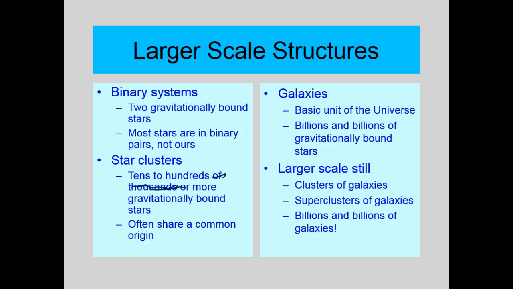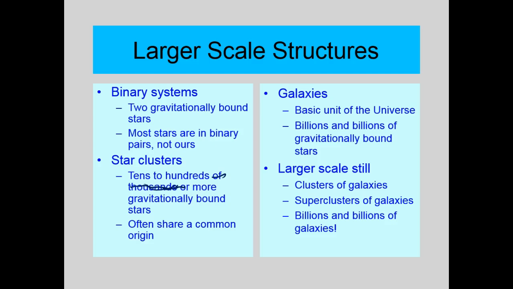Okay? Not hundreds of thousands. They often share a common origin, like one massive star-forming nebula, like when we talked about the Orion Nebula, it could hold 4,000 suns. Of course, they wouldn't all be the same size.